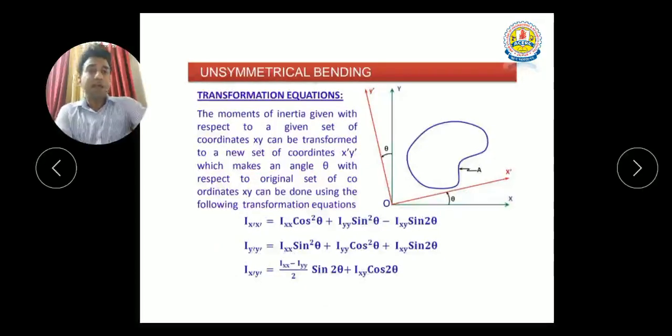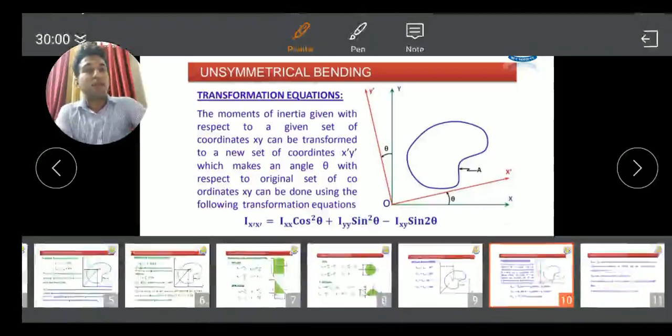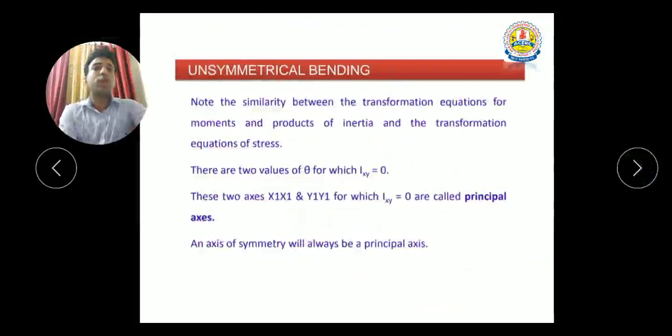By transforming these axes by angle theta, we finally get Ixy equal to 0. That axis is called the principal axis, and it will always be an axis of symmetry.